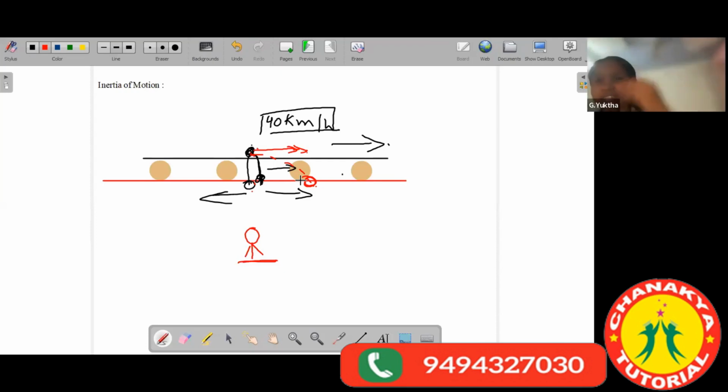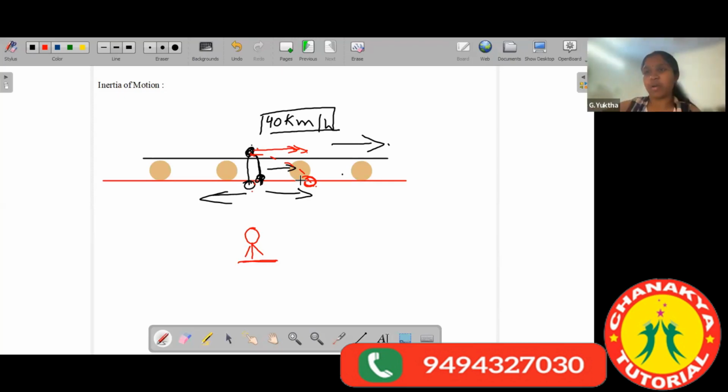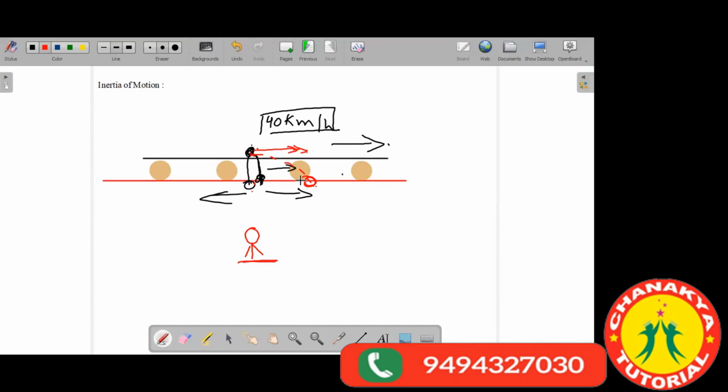Yes, sir, like once. So what happened? Were you able to catch the ball? No, sir, it fell down. Okay. Have you seen any flies or anything which is flying in the train? Housefly flying in a train? Yes, sir.